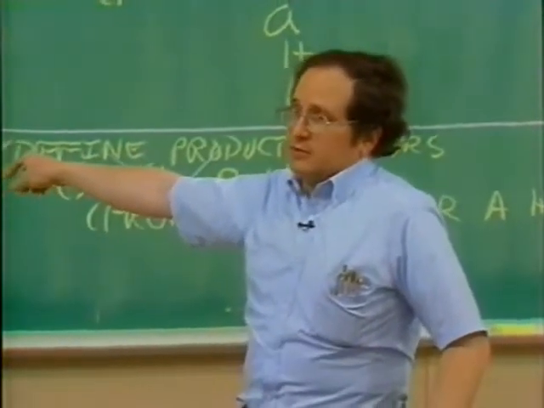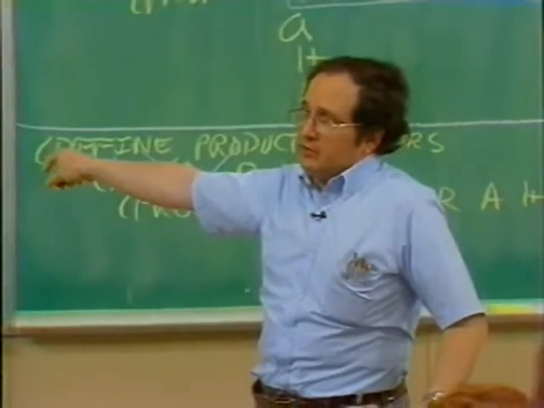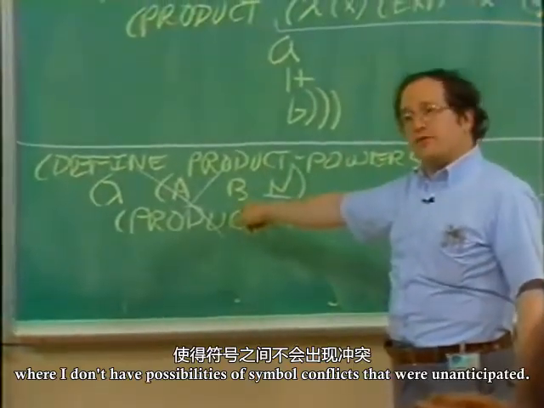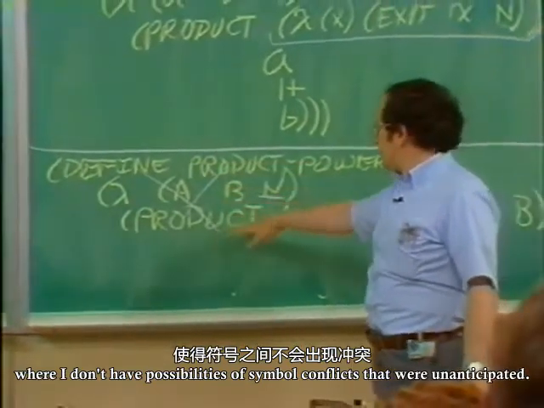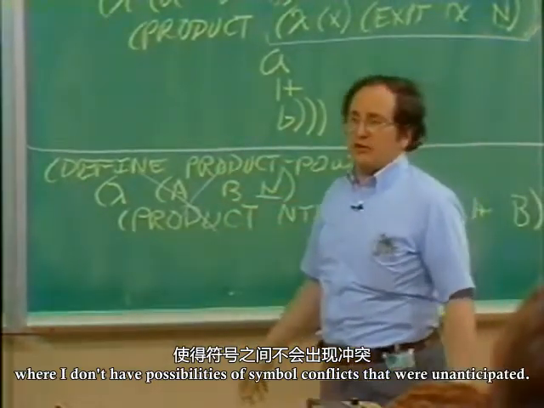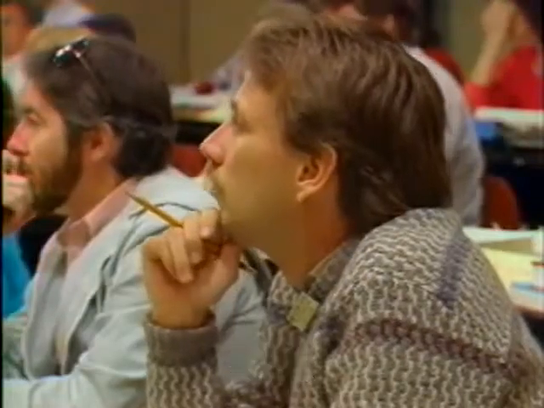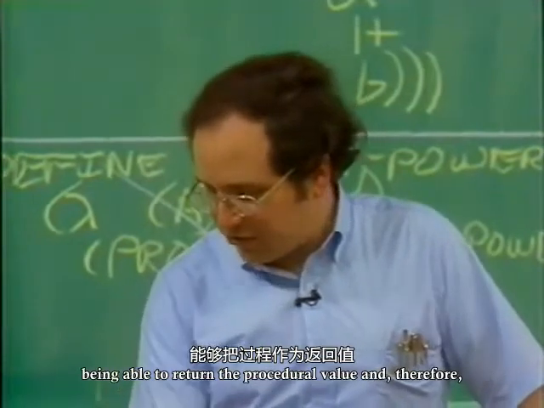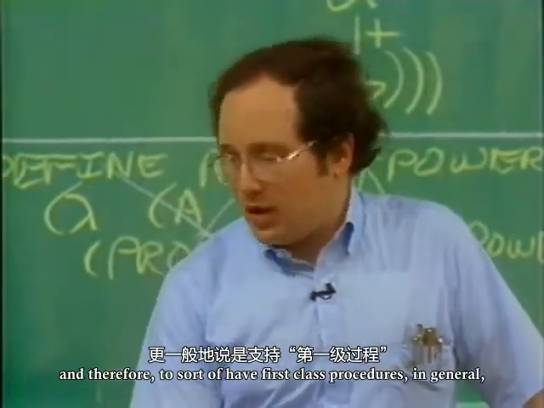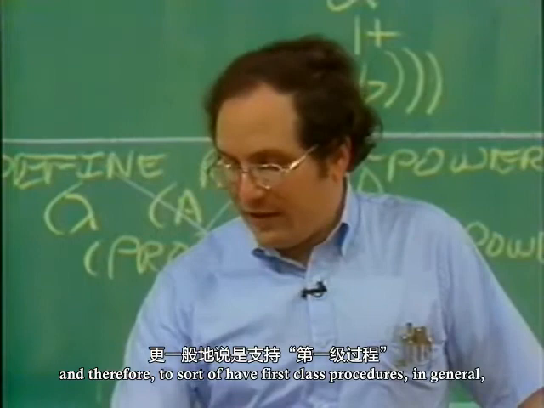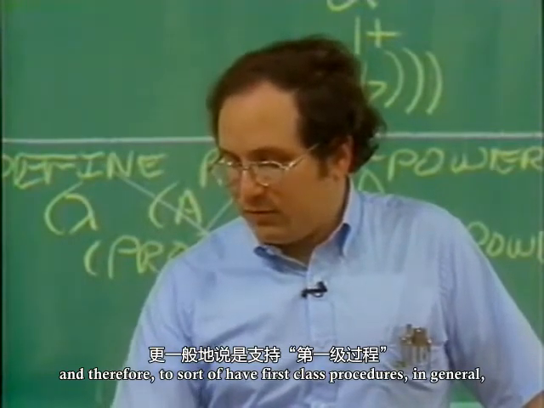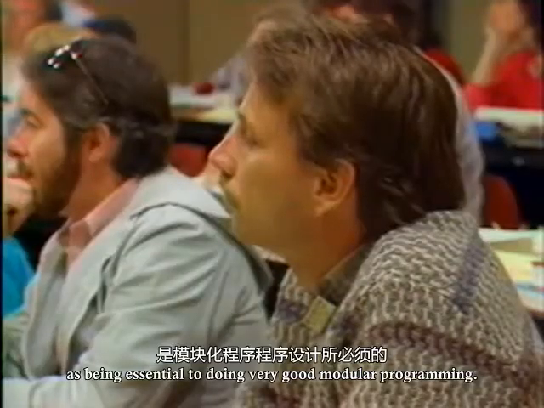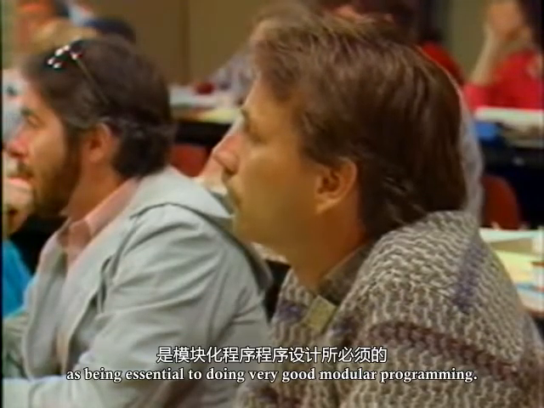And that's right. If I don't have that, then I just don't have this ability to make an abstraction where I don't have possibilities of symbol conflicts that were unanticipated. That's right. So I consider being able to return a procedural value, and therefore to sort of have first-class procedures in general, as being essential to doing very good modular programming.